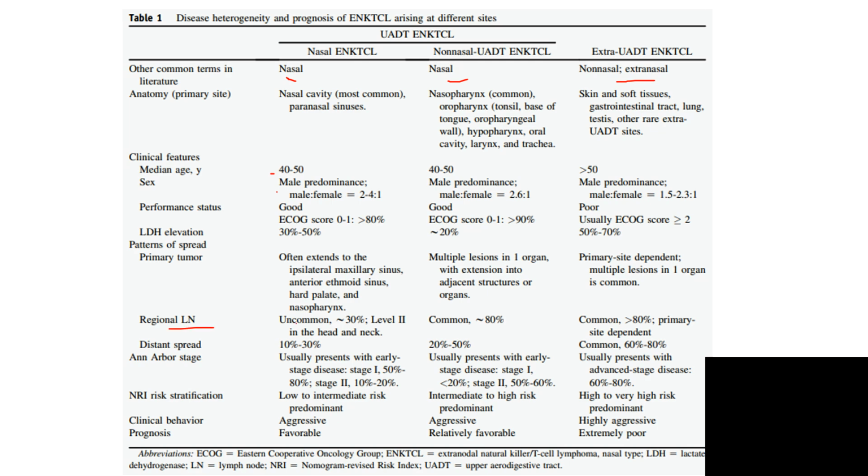It's a bit uncommon for the nasal type, up to 80% in the nasopharynx, oropharynx type, and commonly also seen in the other sites, depending on where they arise from. Prognosis is usually favorable for the nasal type and poorer for the other sites.